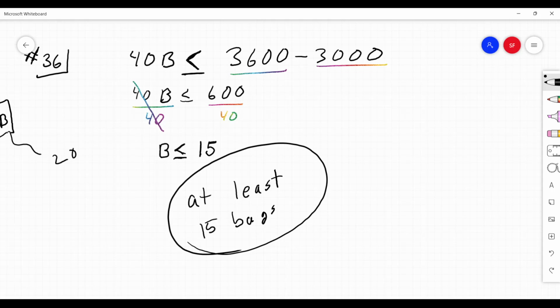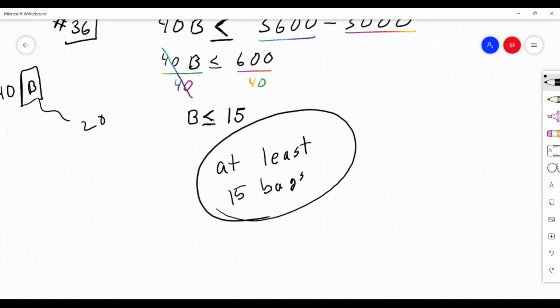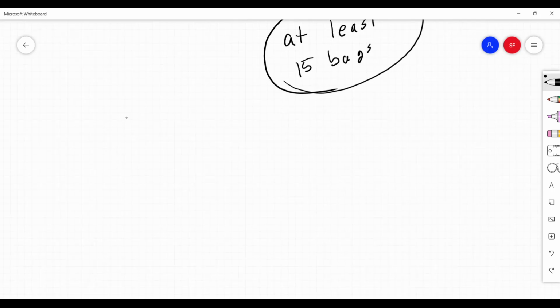Okay, what other questions on this homework assignment? Number 14. Okay. Wait, was the answer 40 or negative 40? Negative 40. Oh, I just confused the signs. Okay. All right.